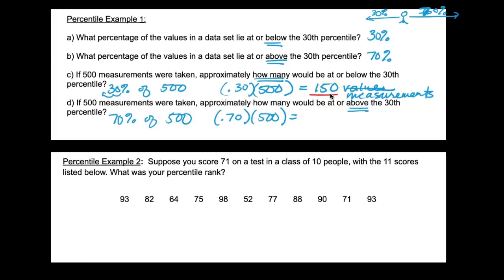So we know 150 values are below, and if 150 values are below out of 500, well, 350 must be at or above. And so the answer to this question is going to be 350. So we can think about it, reason through it based on our last answer, or we can multiply 0.70 times 500. Okay, so let's jump into example 2.